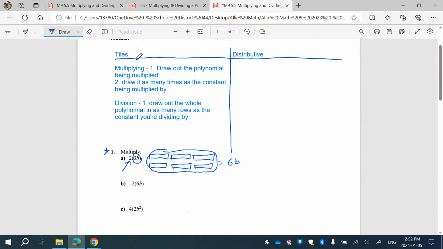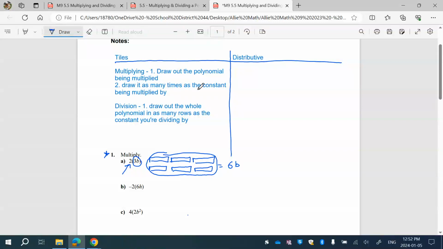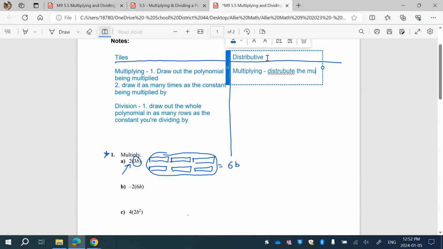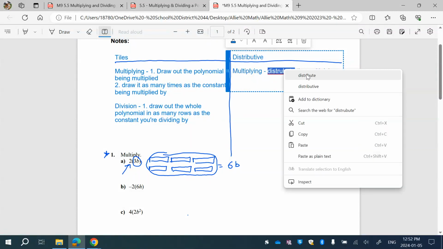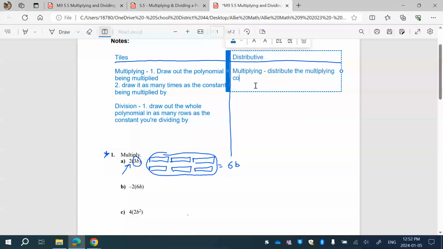That's our tiles method. Now I'll show you the distributive method, and I'll write that out as well. So for multiplying, you distribute the multiplying constant by each term inside the brackets.